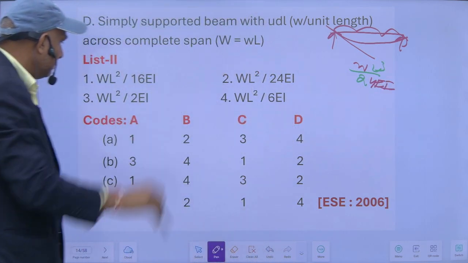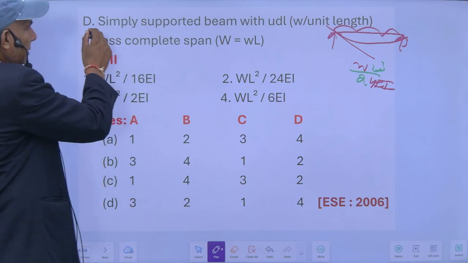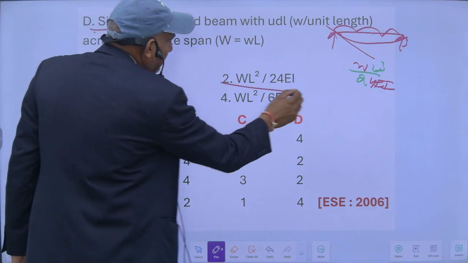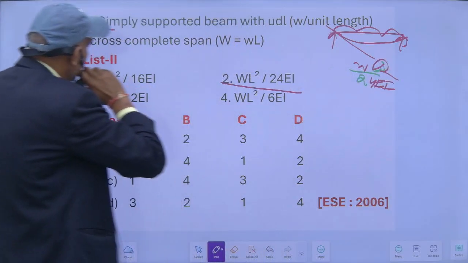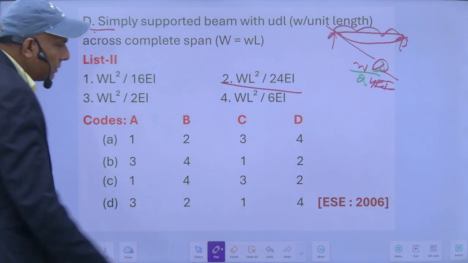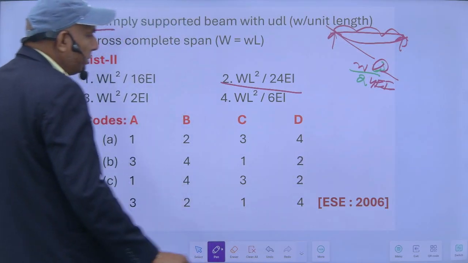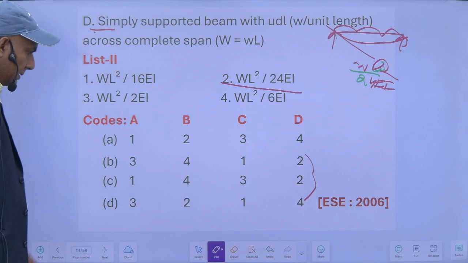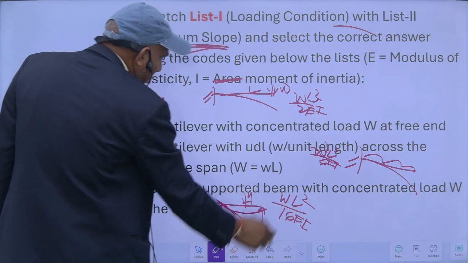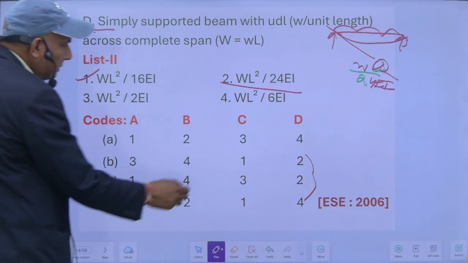So this D will be this one, WL square upon 24 EI. So D will be with 2, means this and this. Then C is equal to WL square upon 16 EI, means this one. So C with 1.